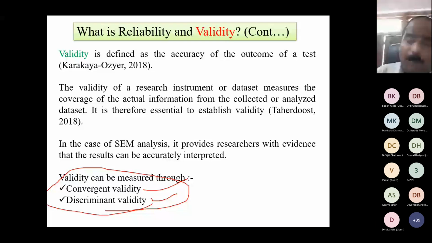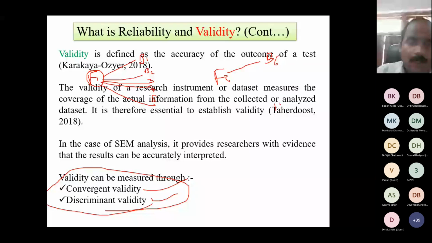Please concentrate from here very carefully. Suppose under F1, BSI 1, BSI 2, BSI 3, BSI 4 and BSI 5 are there, and under F2, BSI 6 to 10 are there.